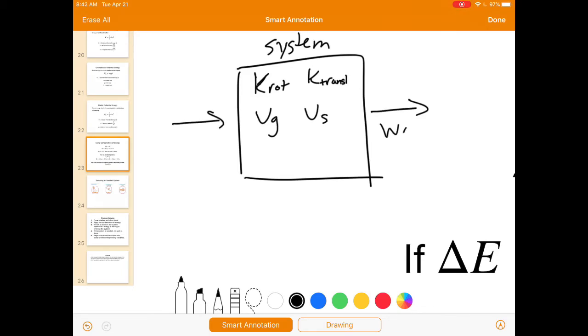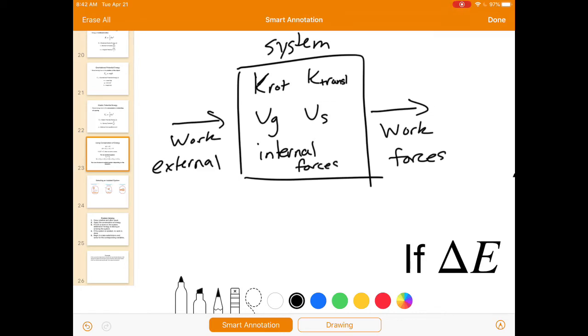Anything outside of this is work. Now, work is done by external forces. So inside of this, I can still have forces, but those are just referred to as internal forces because they're not going to be doing work on my system.